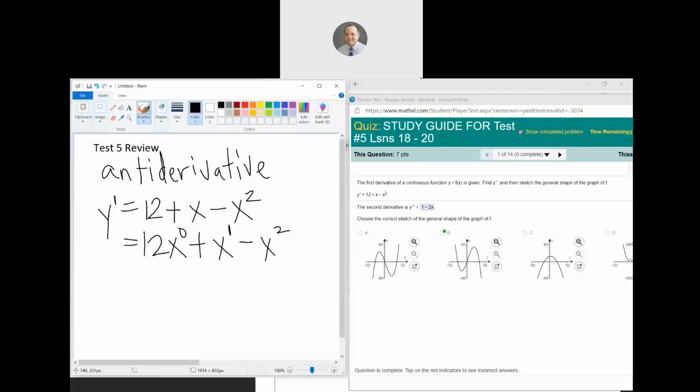So for 12x to the 0 power, instead of subtracting 1 from the original exponent, we are going to add 1 to it. Instead of multiplying, we're dividing now by our new exponent.